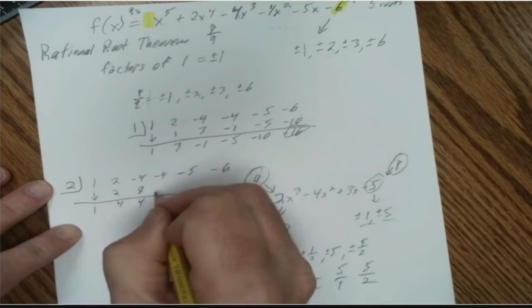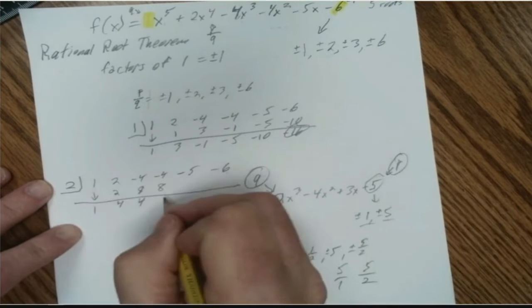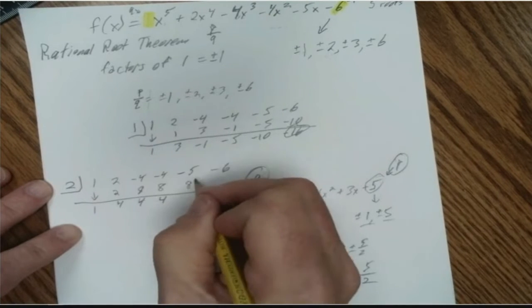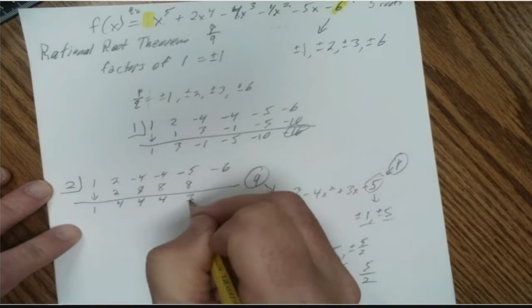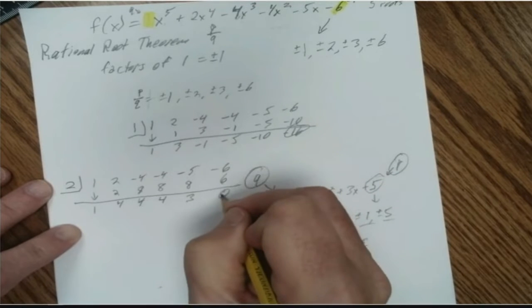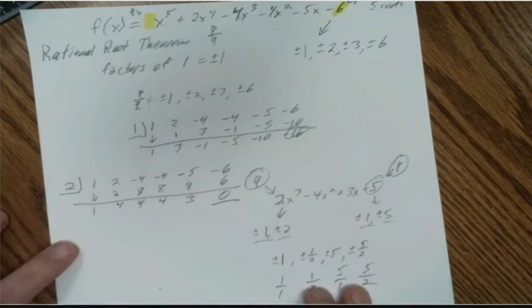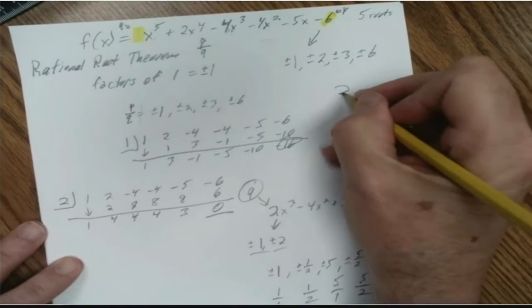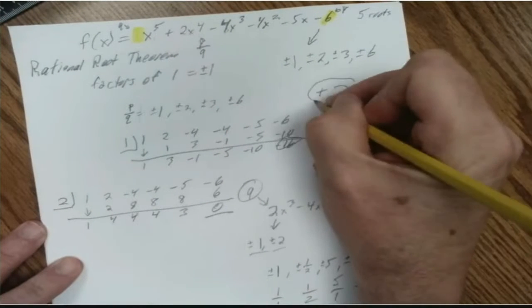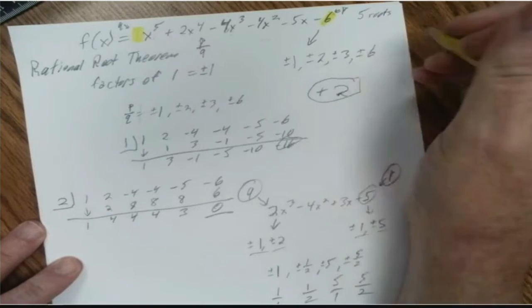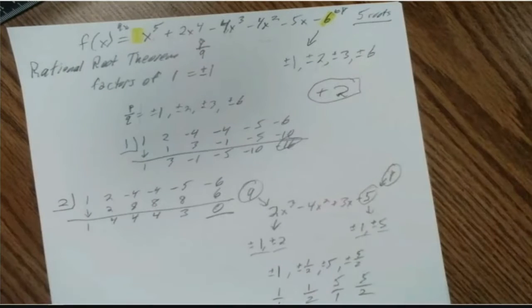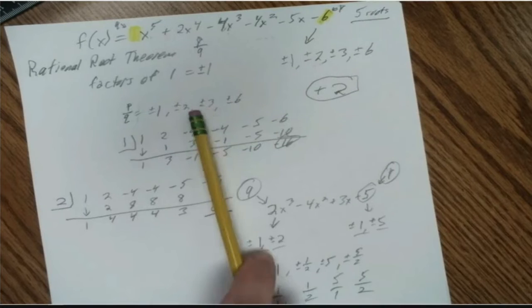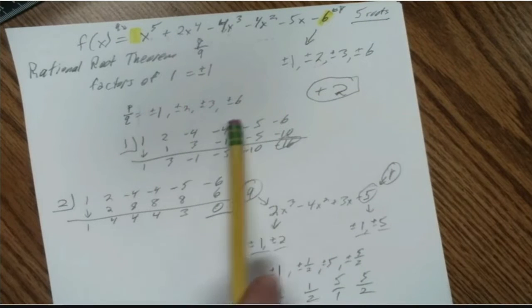Oh, 0 remainder. So 2 is one of our roots. We could continue going through all of these. We can do 3, we can do 6, then we can turn around and do the negative ones.